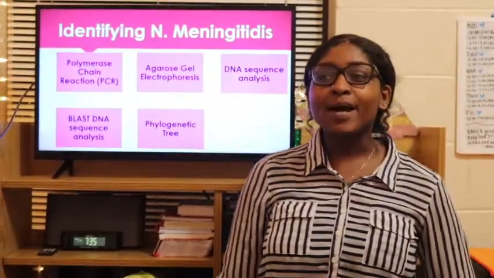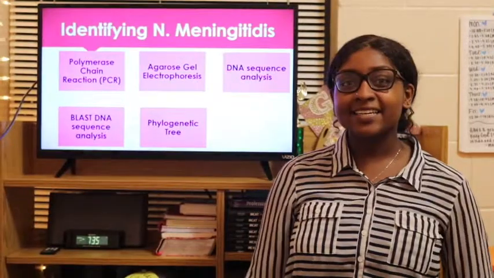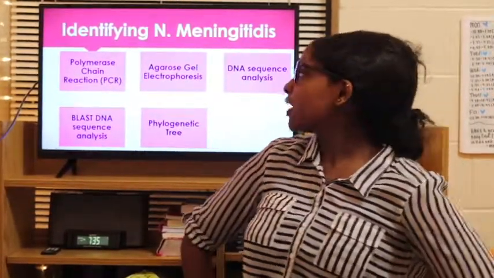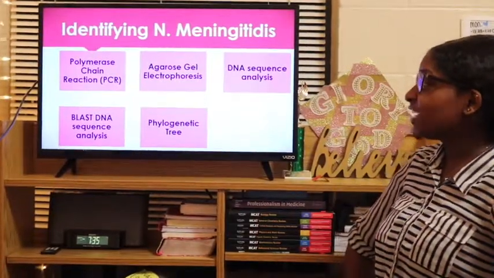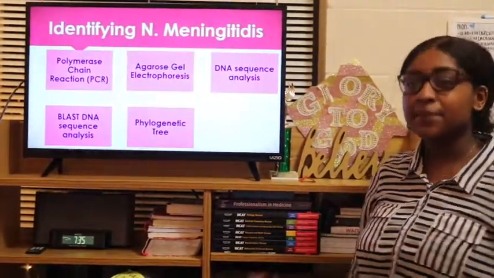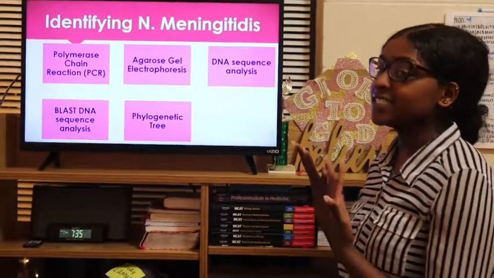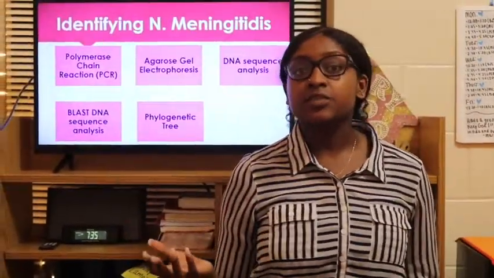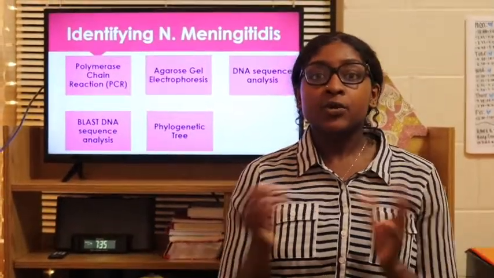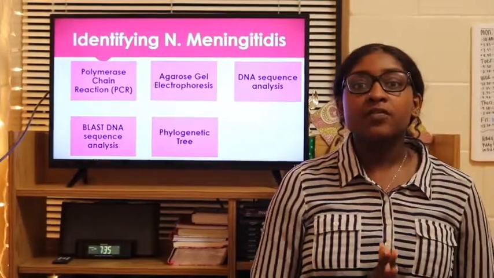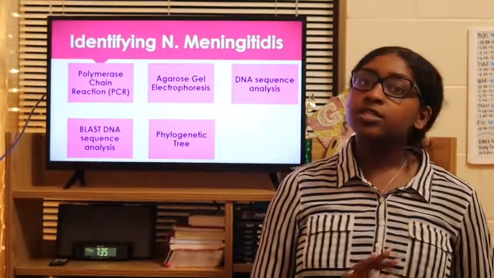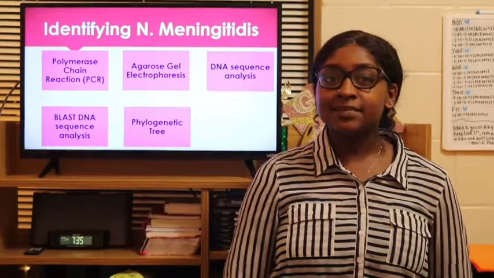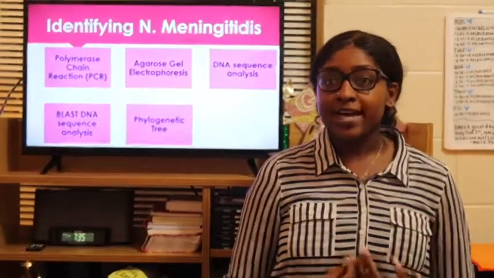Next, we're going to talk about how we identified Neisseria meningitidis. The first step in identifying was the polymerase chain reaction, also known as PCR. This is a technique used to make many copies of a DNA region. We created a vial and we added a master mix, 2 primers, PCR water, and a template to create the PCR reaction.